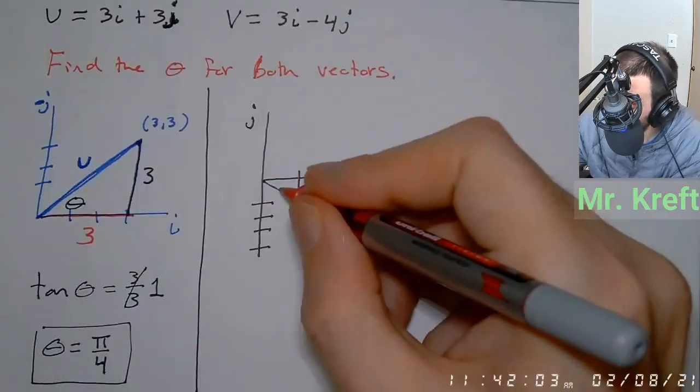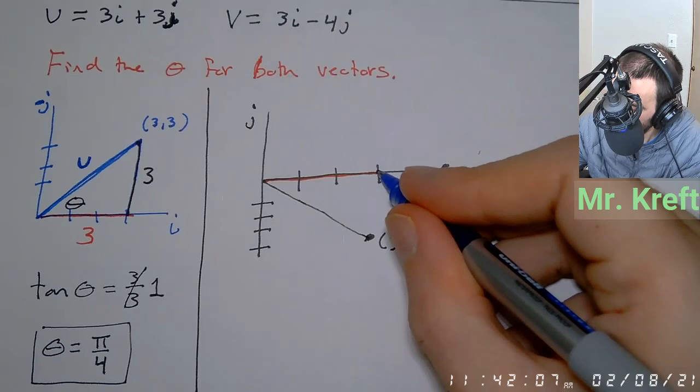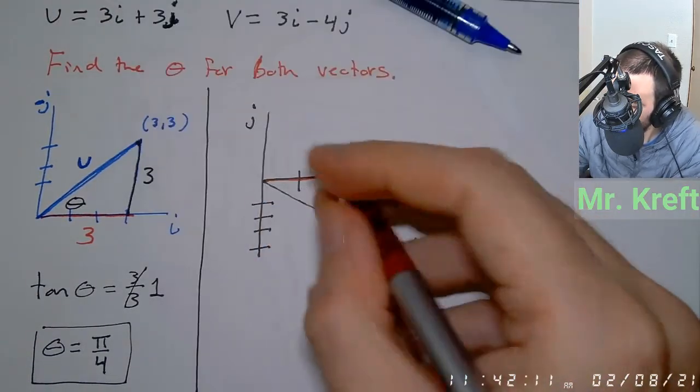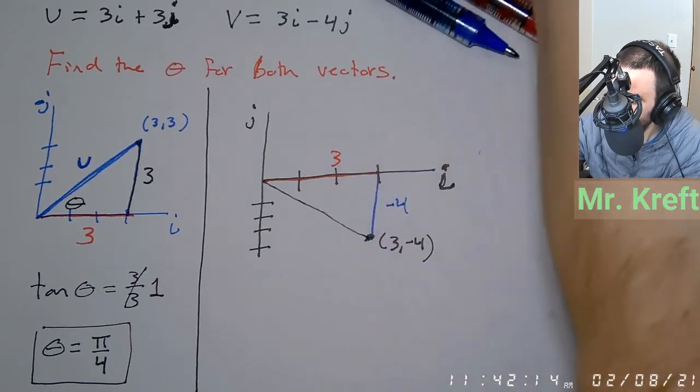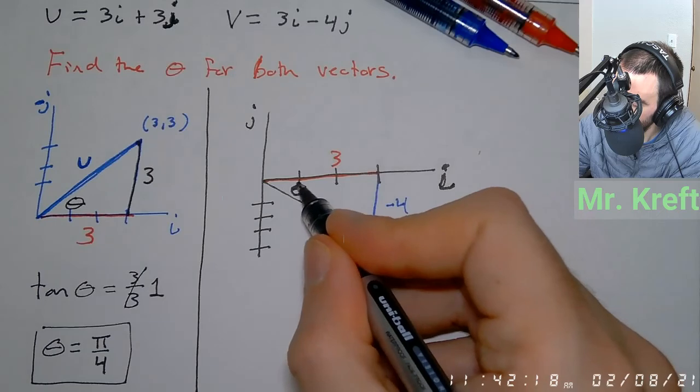So if I were to use fancy colors, the fancy color, and then I go, whoosh. So this is -4. This is 3. And I want to find this angle right here.